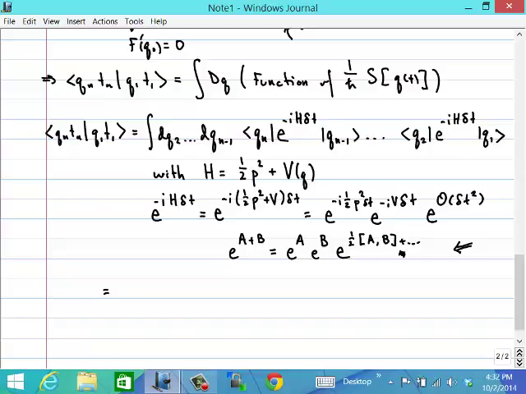So what I'm going to do is at each time t2 up to t n minus 1, I'm going to insert a momentum eigenstate that I'll call labeled by some momentum p2 up to p n minus 1. And then the term here in the sum, so I'll have qn, so what do I have? I have an e to the, using this formula right here, minus i p squared delta t.